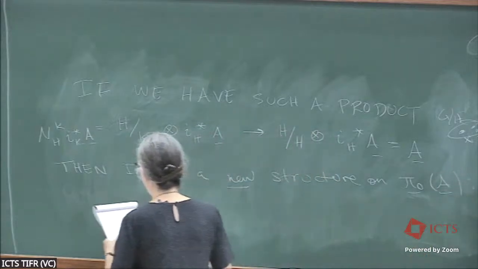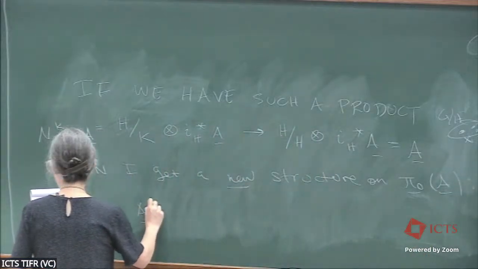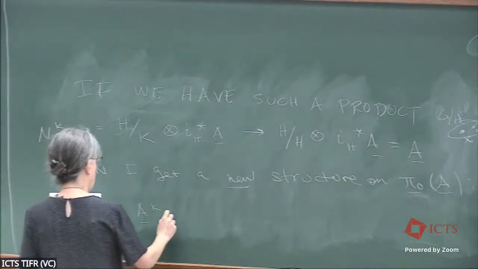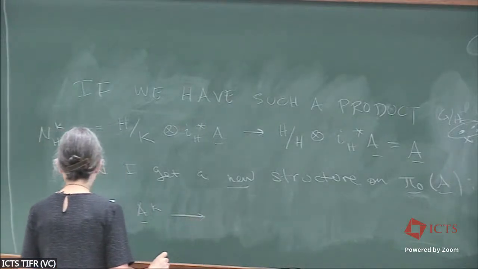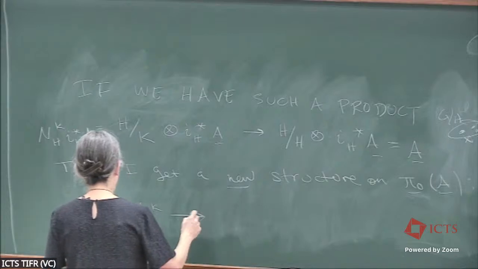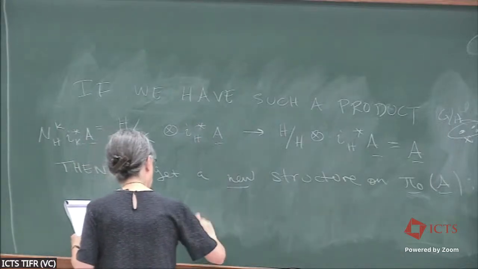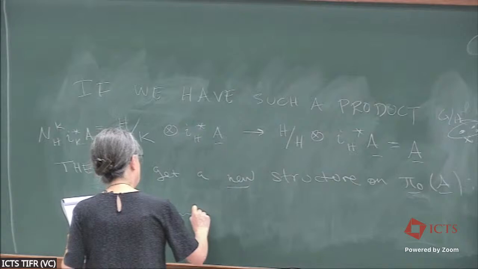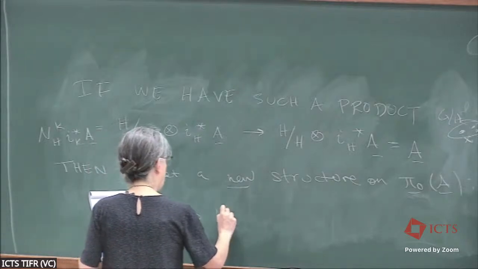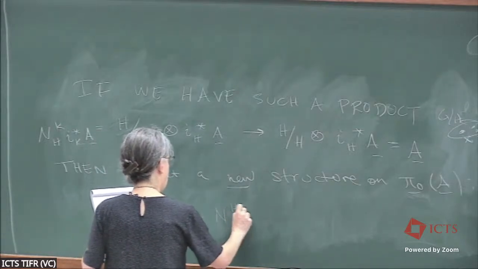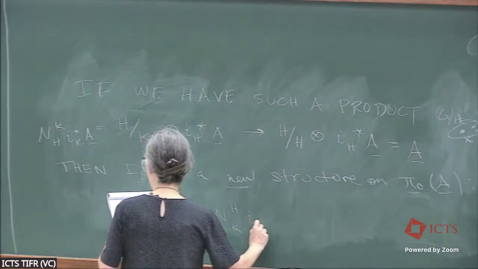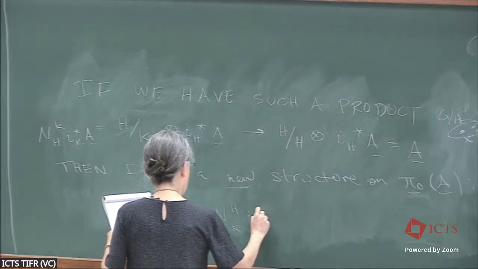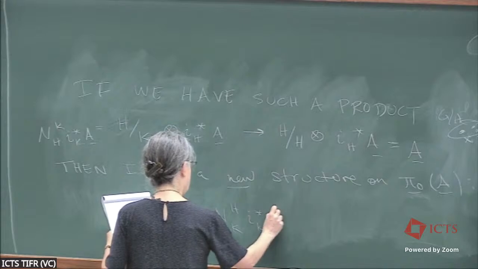I can go from A_K into, I mean, I can take this and I can build N_K^H i_K^* star.